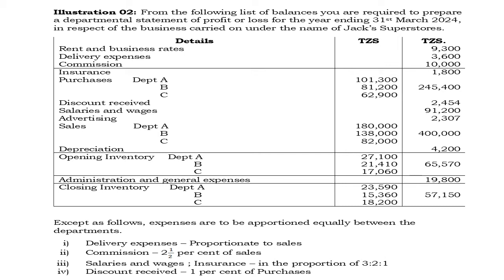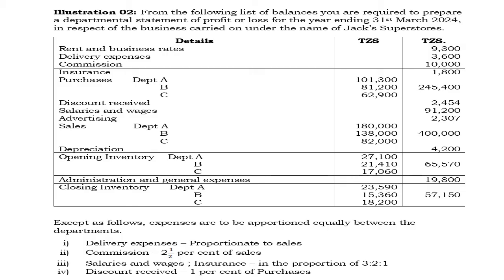We have rent and business rate given there, delivery expenses given in total, commission given in total, insurance 1,800 given in total. The purchases are given under each department: Department A, B, and C.